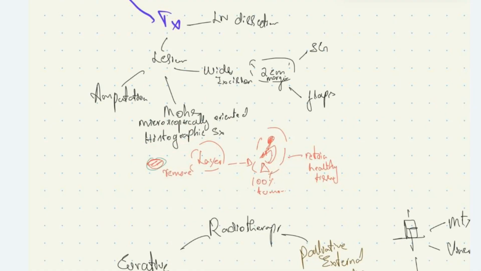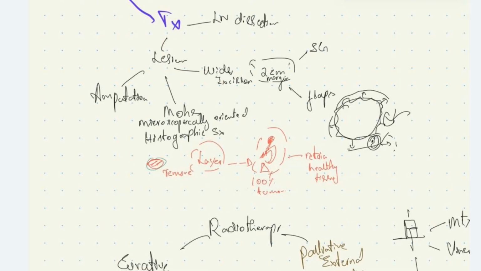Following that, a histopathologist will examine the margins of the lesion. If the margins are clear, it means that the tumor has been excised completely. If the margin has malignant cells, we will excise the margin further.